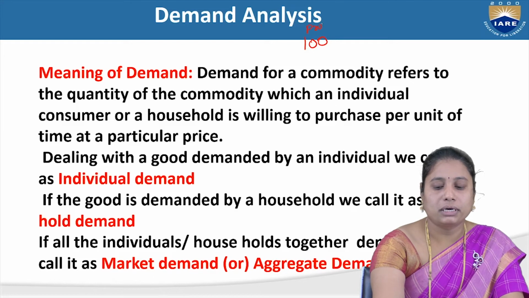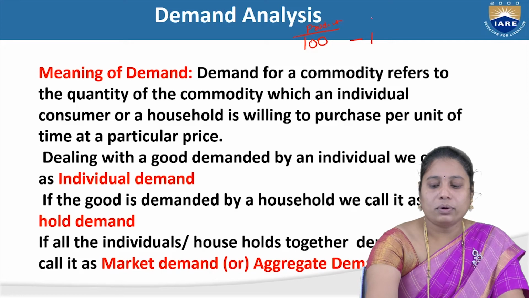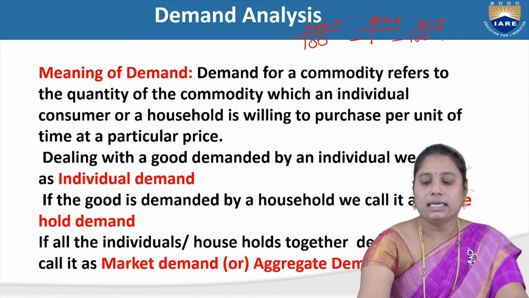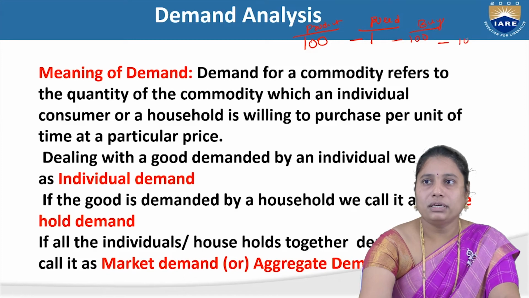Assume that there are 100 products available in the market, each person needs one product, and 100 members are there to buy the product. Then the price of the product will be 100 rupees.